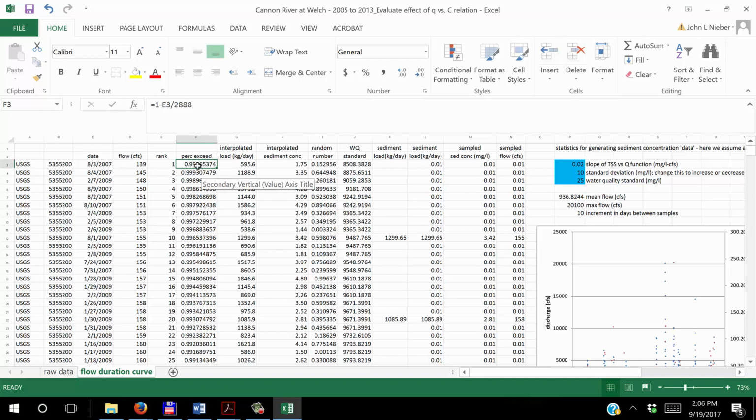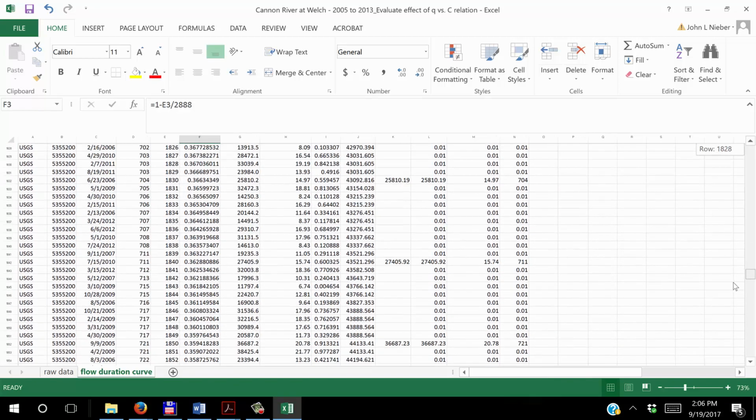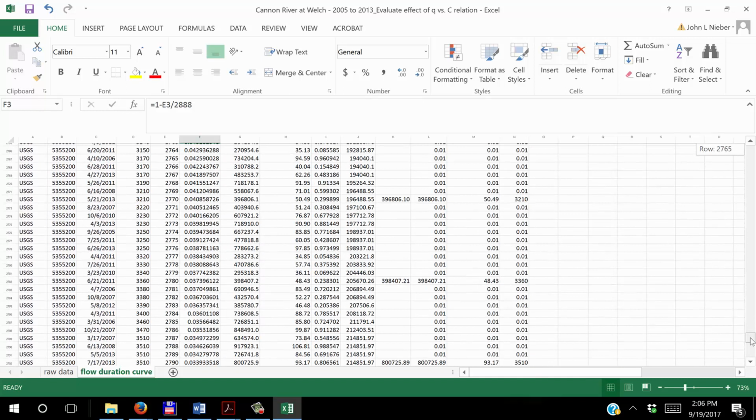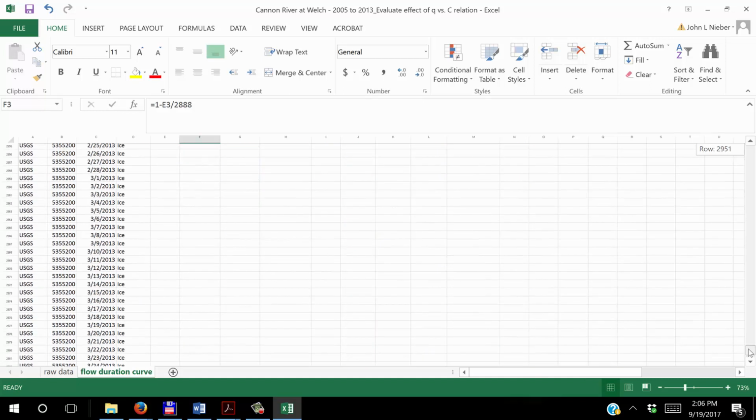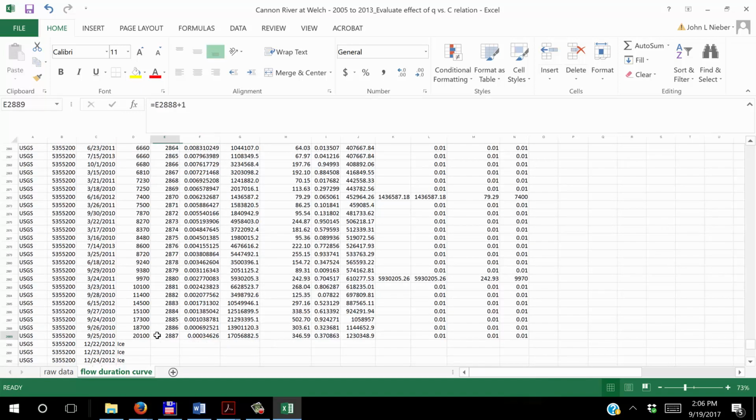So you'll see here that what I've done is divided the rank by 2,888 instead of 2,887. And if you go down to the bottom of the data file, here's the largest value, 20,100 cubic feet per second.